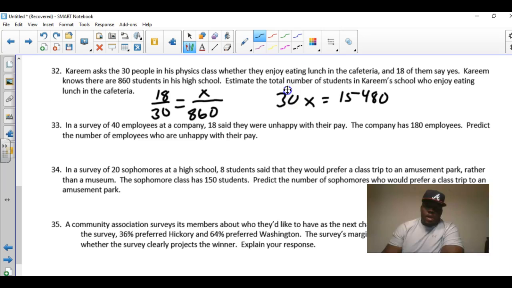Dividing by 30 on both sides, we get x equals 516. So based off this sample, we conclude that 516 students enjoy eating lunch in the cafeteria.